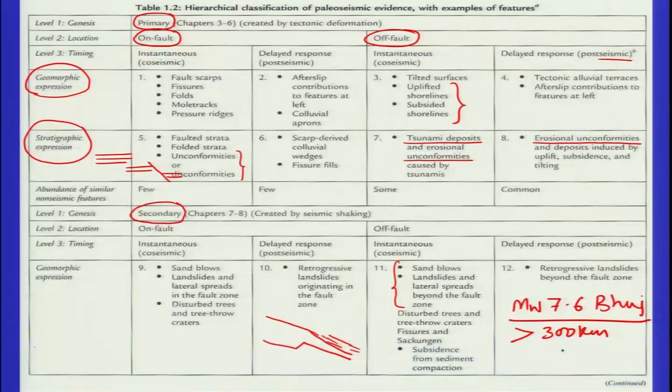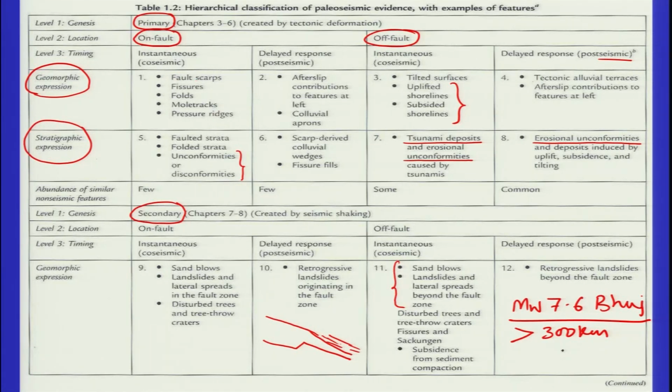Now in areas where we clearly see the on fault deformation, that is the co-seismic features, if we are able to see co-seismic deformational features, then we will be able to easily pick them up and mark the active faults and all that.